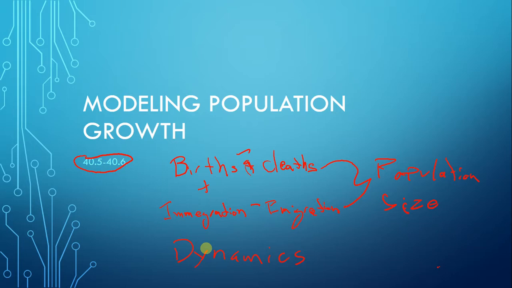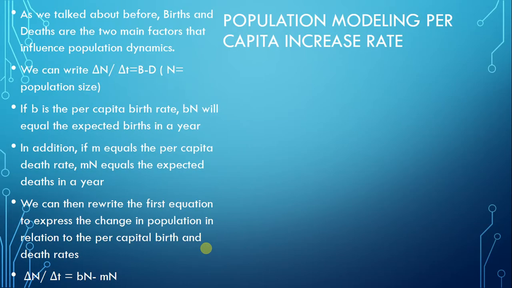On the back of your formula sheet, this is what we're going to be talking about. What we talked about before was this notion of population size, and N is going to be the population size.